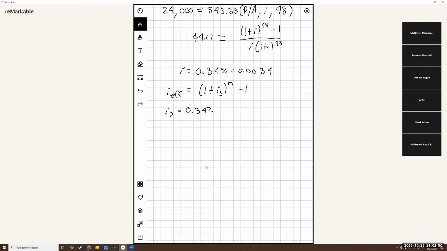What is m? The time that you're going to be paying them back for. Yes, not quite, but m is the adjustment between the two periods. The effective interest rate is supposed to be for a year, and the interest rate we have here is a monthly interest rate.